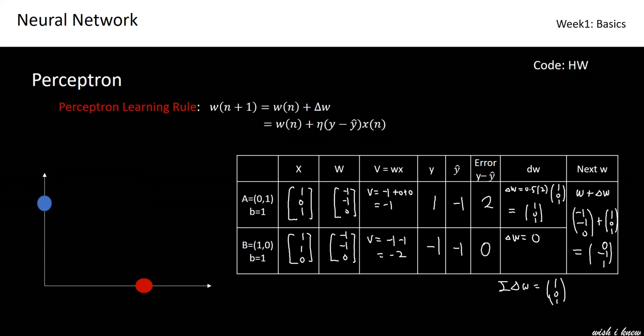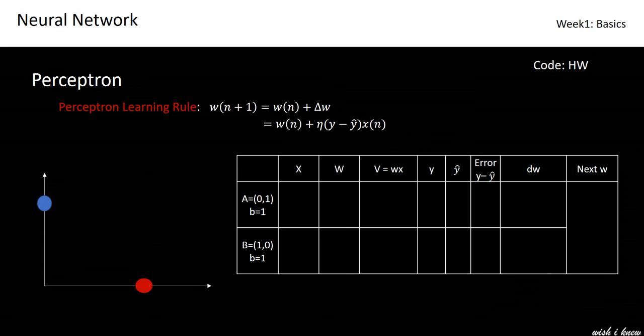Okay, then let's go to the next iteration. This time the weight vector is going to be 0, -1, 1. And again, x is not changing, it's still the same, 1, 0, 1 and 1, 1, 0. And the labels for these are 1 and -1. It's not changing. So let's calculate the logit for a. It's going to be 0, -1, 1.